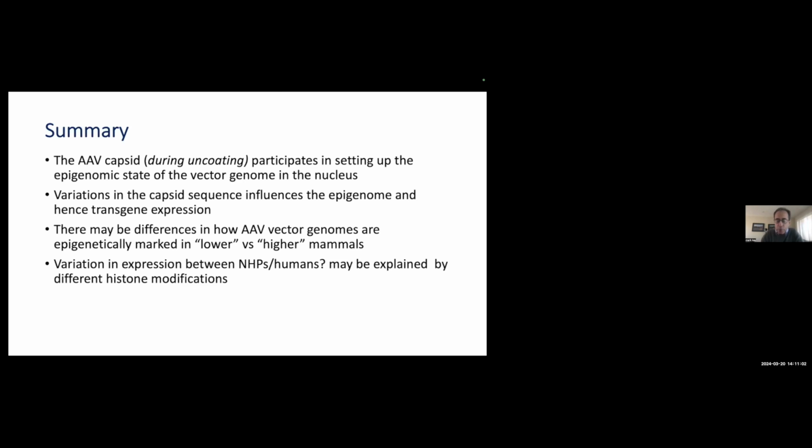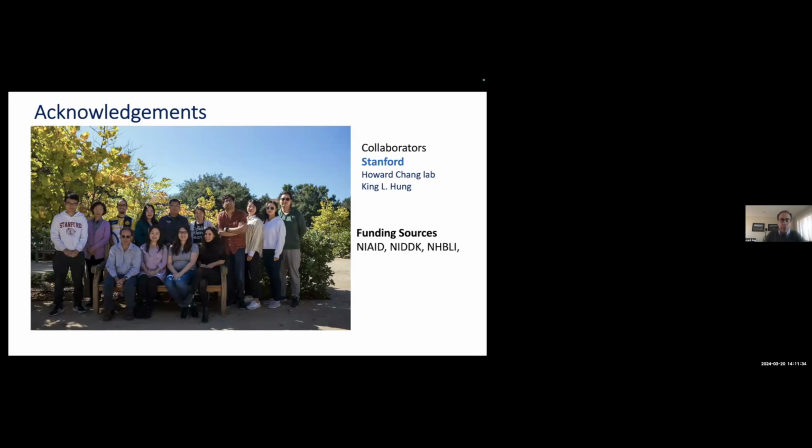So I think the wide dose variation when people are injected with an AAV vector may be explained if we can understand these molecular events. And the reason this is important is that if we understand these molecular events, perhaps they would be druggable targets that could enhance transgene expression, or at least allow us to predict what dose to give an individual human as we move forward.